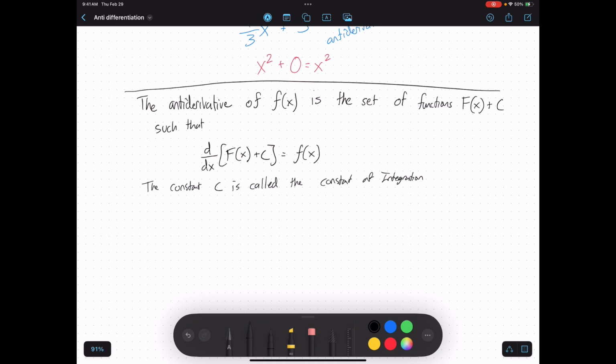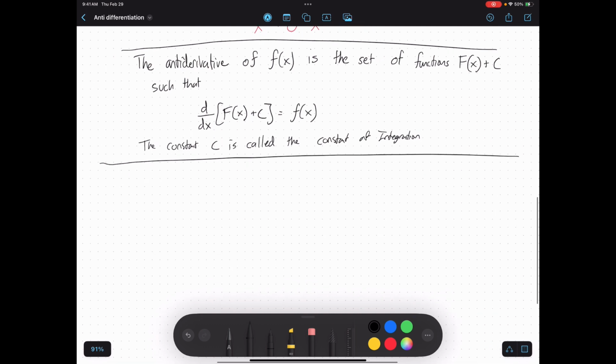And then any sort of rate of change, okay? And this one's important enough that I'll write it down. If f of x represents a rate of change function, okay?